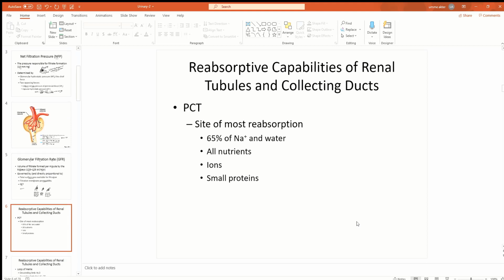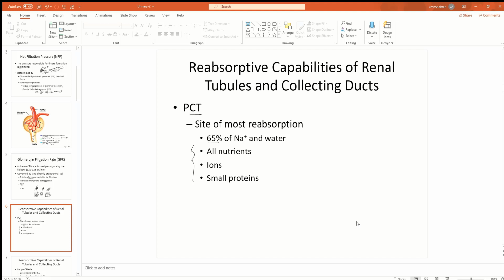I already mentioned that in the proximal convoluted tubule, 65% of the fluid will be reabsorbed and everything will be reabsorbed. So the volume will go down to 35%. However, the concentration will not change because everything is being reabsorbed. It is like you have a sugar solution again. If you take only water out, concentration will go up.